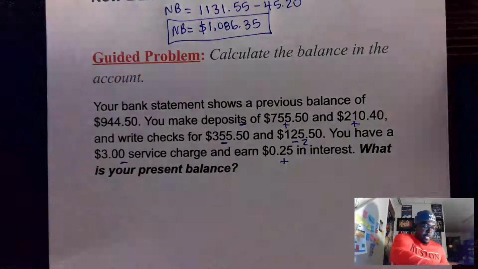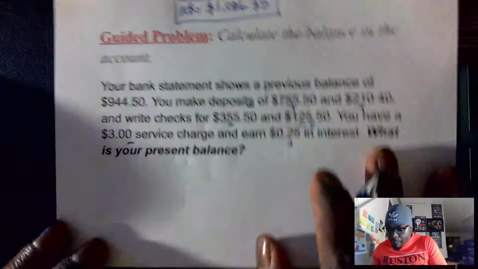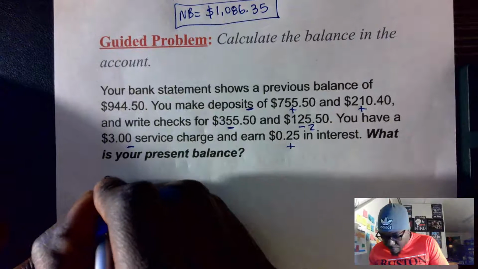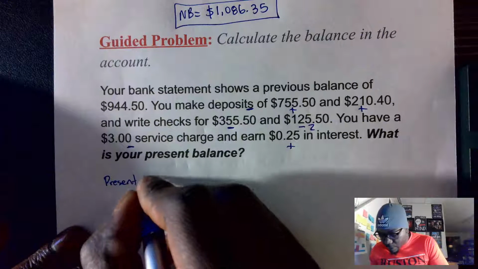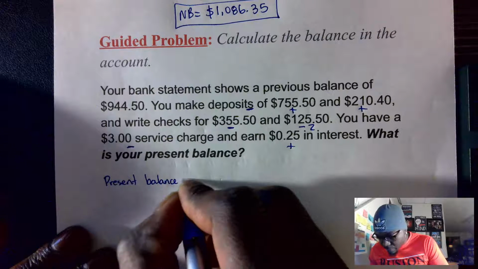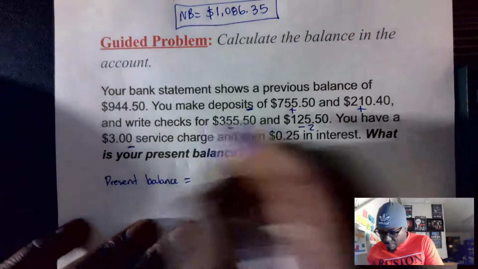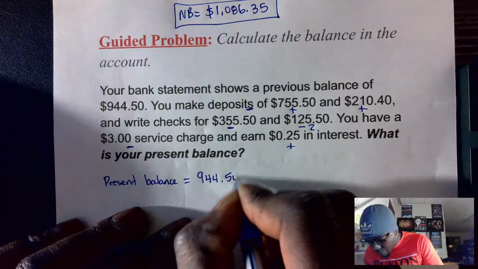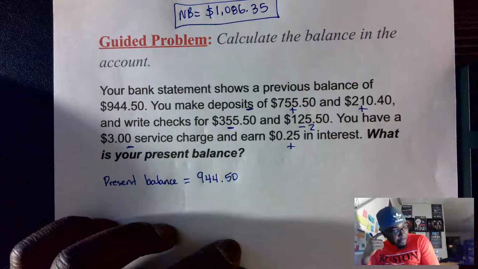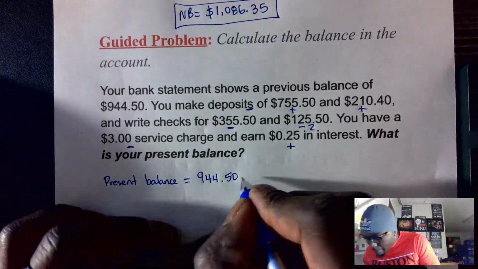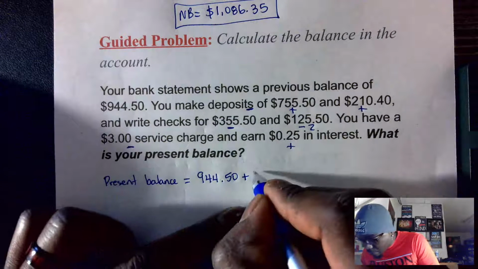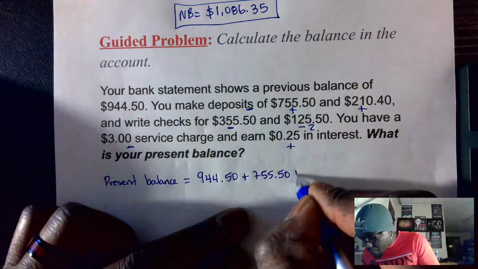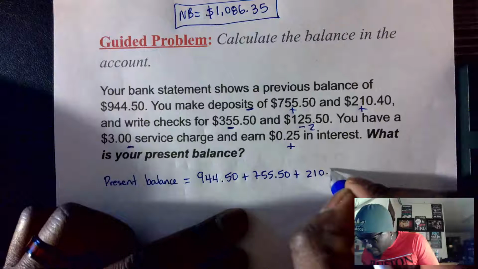So for this example here, my present balance is equal to my previous balance. What is my previous balance? My previous balance of 944.50. All right, so previous balance plus deposit. I made 2 deposits, so I have 755.50 plus 210.40.